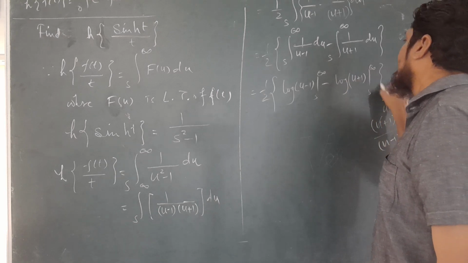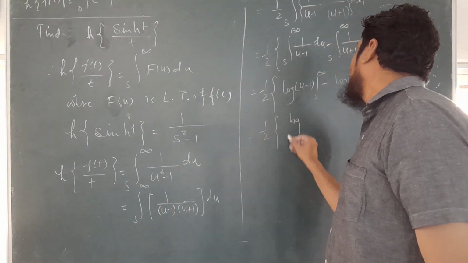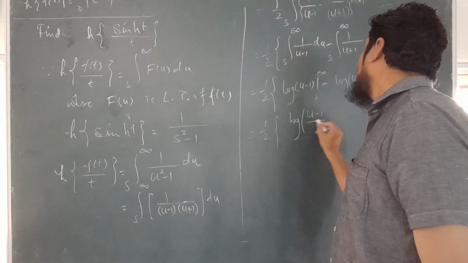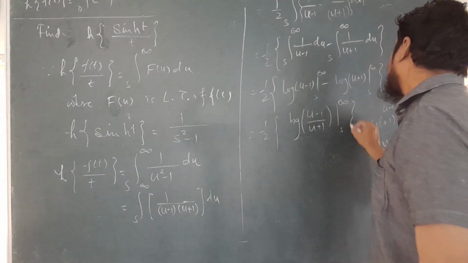Correct? So we can write it as 1 upon 2 log of u minus 1 upon u plus 1, s to infinity. Correct?